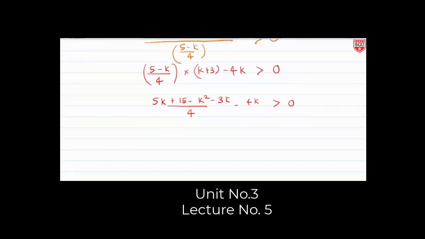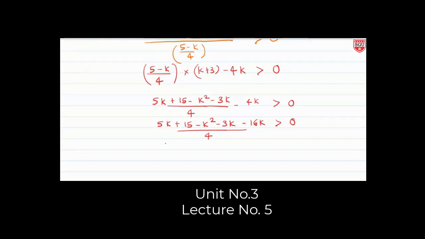To make the denominator the same, we have to multiply by 4 on both sides, that is minus 16k, which is greater than 0. And this whole thing divided by 4 will again get cancelled.